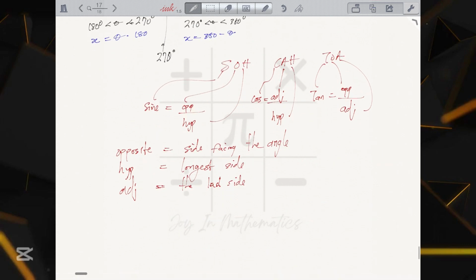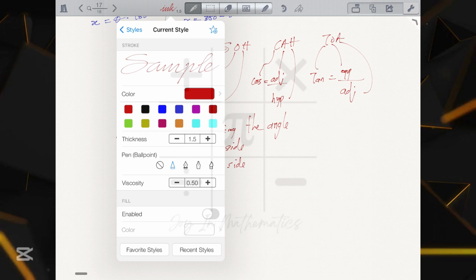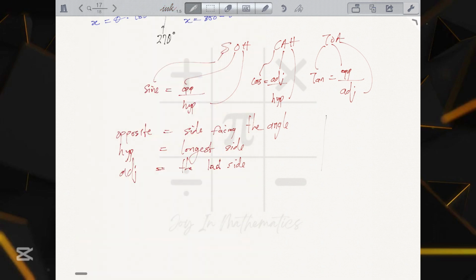Now let's take an example just to illustrate this. We have a right angle triangle with angle theta. This will be my opposite because it's the side which is facing the angle. The longest side will be my hypotenuse, and the last side will be the adjacent.